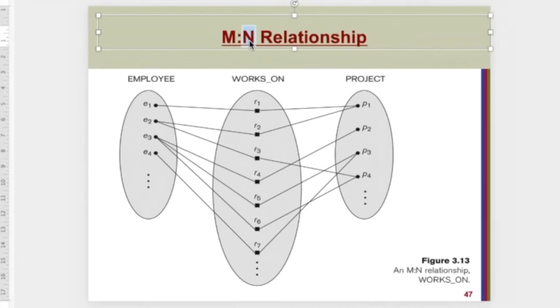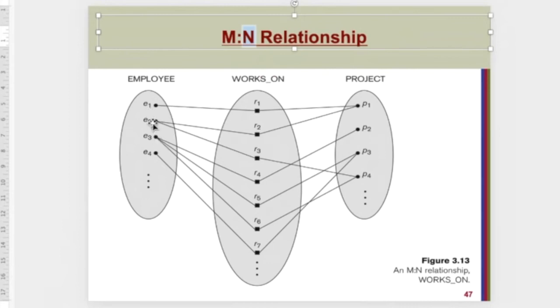both are exactly the same. If we write M to M, it means the first is M and the second is exactly the same M. So it does not have to be 2 to 2, or 3 to 3, or 4 to 4. It can be any number on the first occurrence and any number on the second occurrence. So we say M to N. See here, project 1, how many employees does it have? 2.